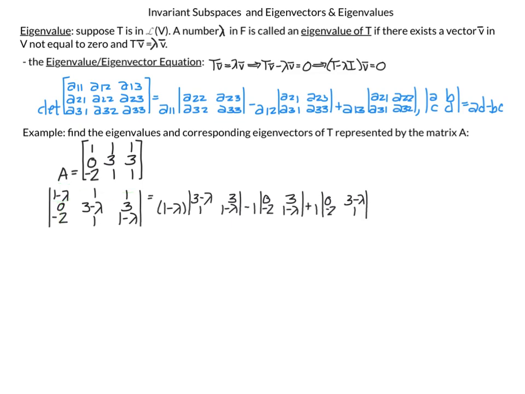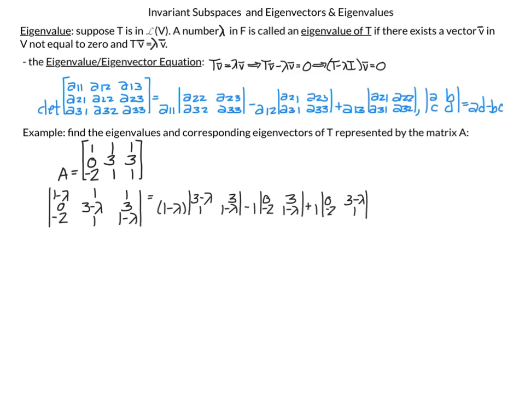Next, I take my next element, I cross out all the elements in that row and in that column. Remember the determinant, these signs alternate, so this is minus 1 times the determinant that's left. That's 0 minus 2 and 3, 1 minus lambda.